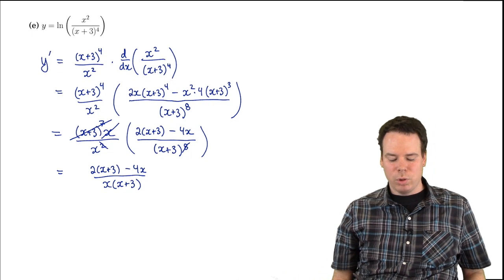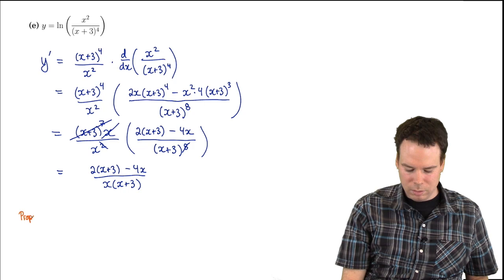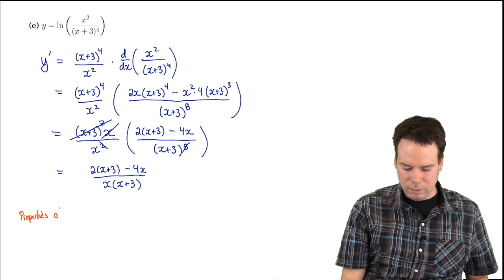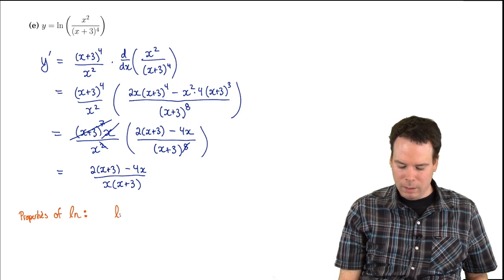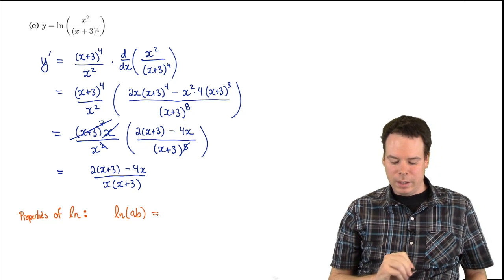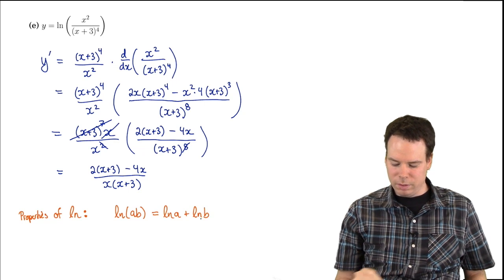Well, what are the nice properties of logarithms? So maybe we'll just list a few of them here. Properties of logarithms. What are they? Well, what's the logarithm of a product? Natural log of a times b, well, that converts it to a sum. It's the natural log of a plus the natural log of b.